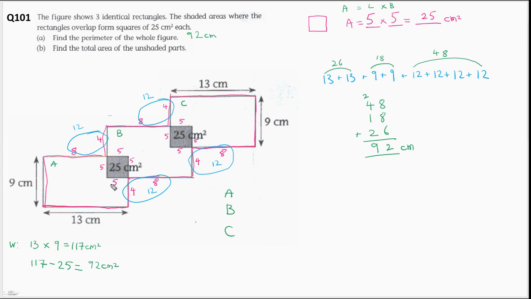So that is the area of A and also the area for C. So I'm going to write that in here, 92 centimeters squared, and that's also going to be 92 centimeters squared.